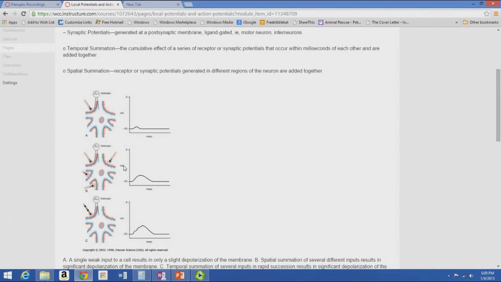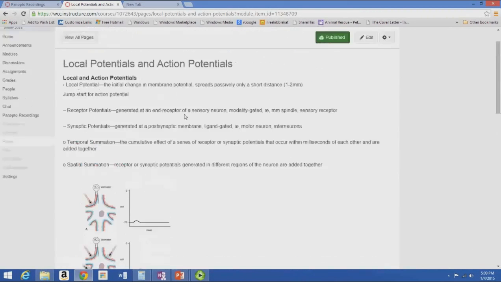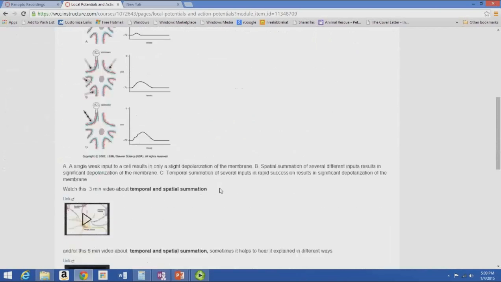And those all add up. You can see that also depolarizes the cell. It's less negative than minus 70 millivolts, and the spatial adds up and the temporal adds up. So those are the summations. That's how we're going to generate enough local potential to depolarize the cell enough to create an action potential.